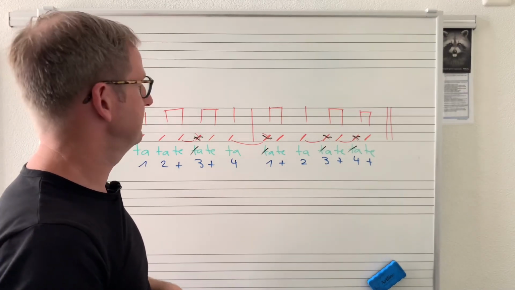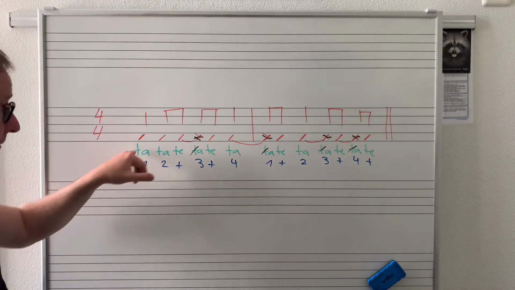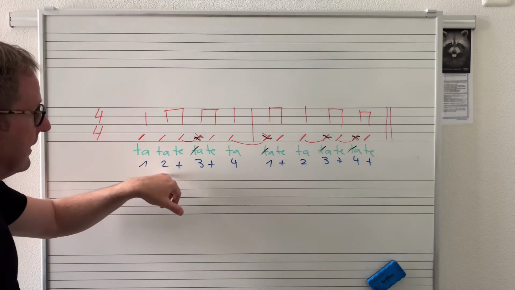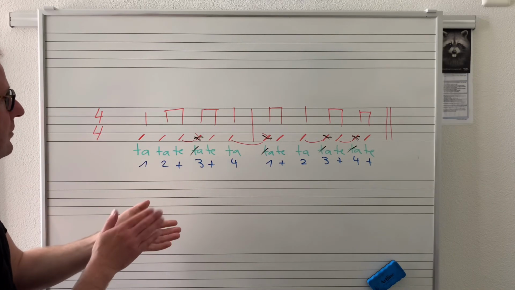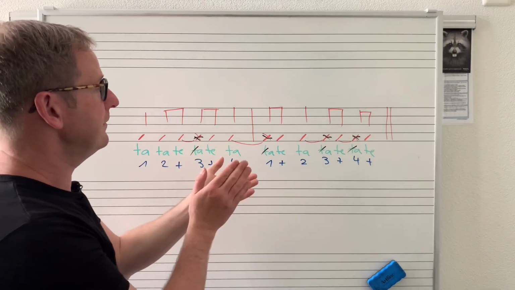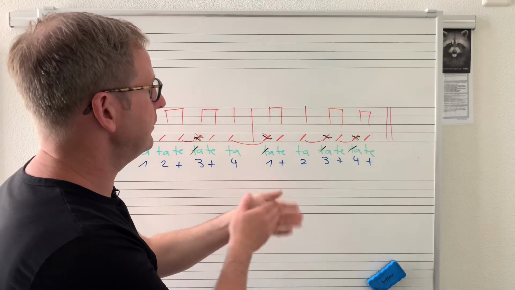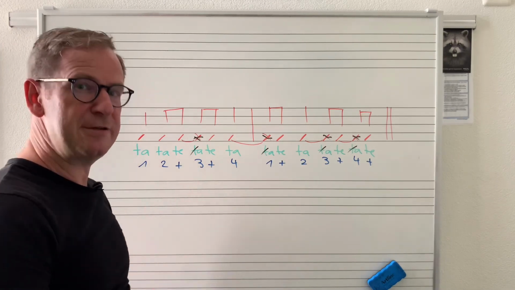It's very simple. And if you have to count and do this, it's like that. 1, 2, and 3, and 4, 1, and 2, 3, and 4, and. That's much more difficult.